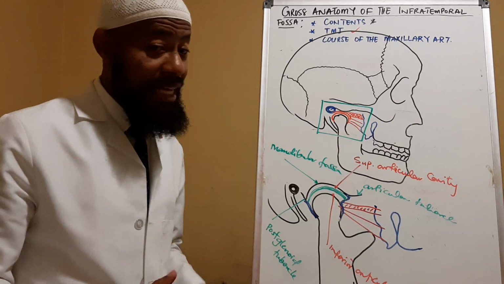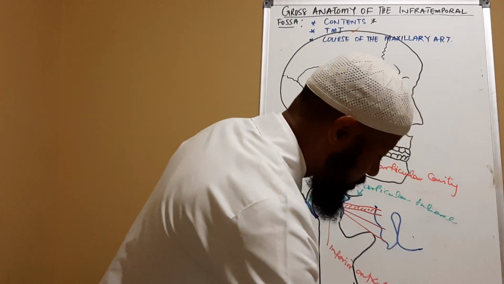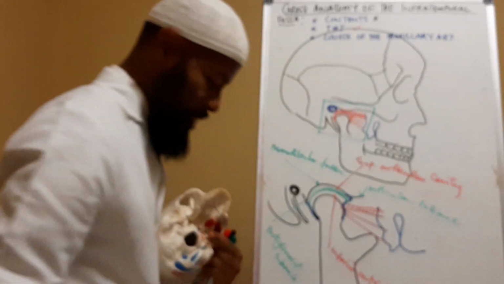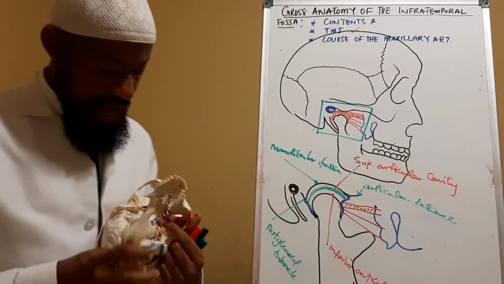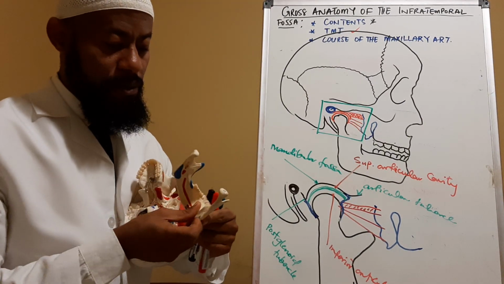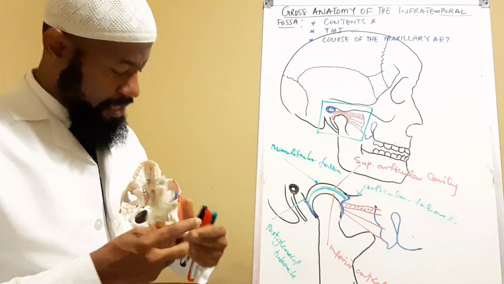There are other structures involved in reinforcing the joint. We have some ligaments that are found on the medial surface of the mandible.